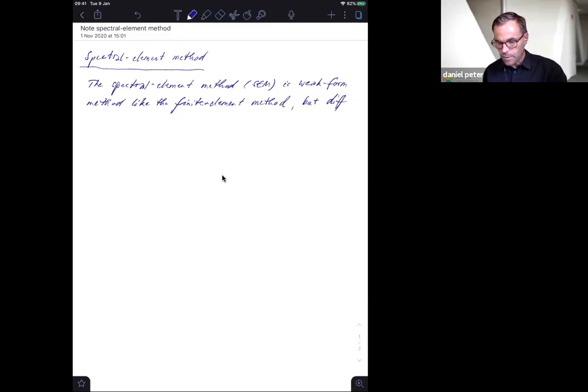But the main difference is in the choice of the basis function. And that's hopefully the part that we'll come to today.